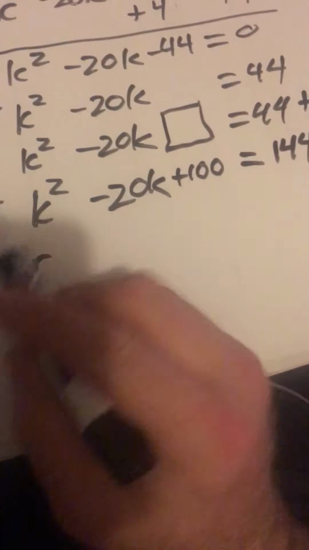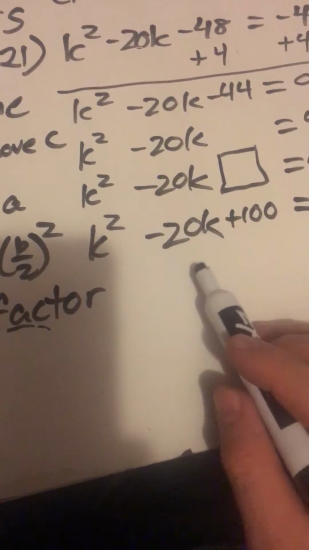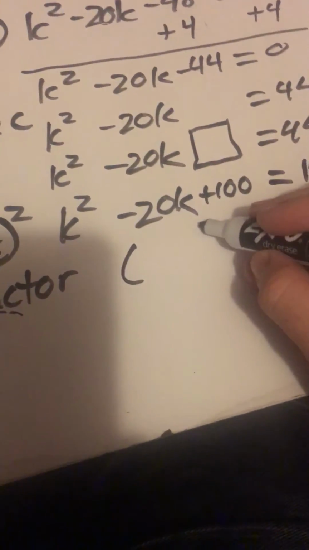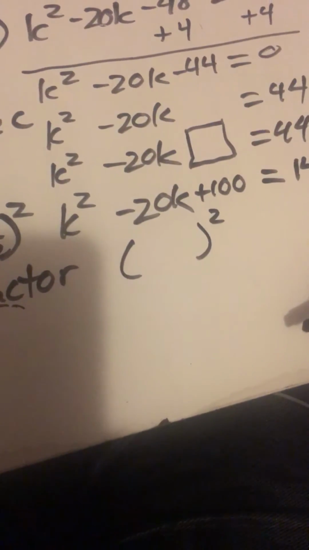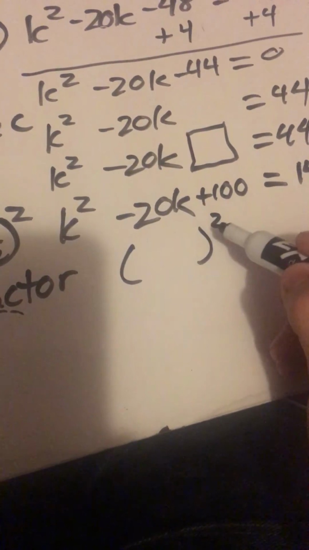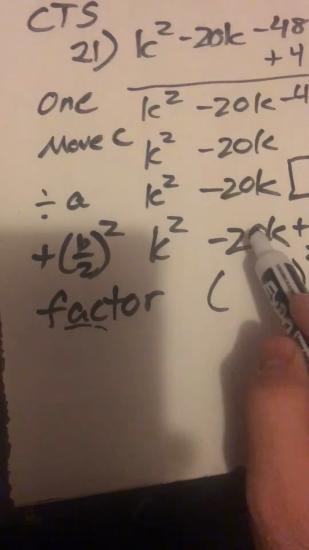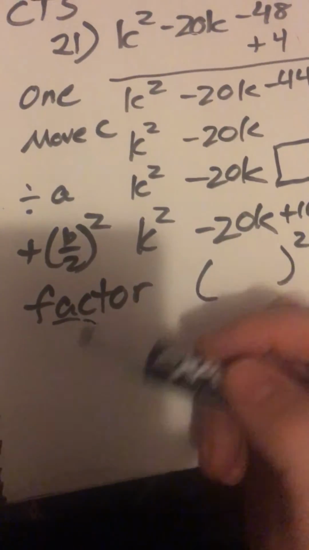Whatever was in this part right here is going to be the number in your factoring right there, because we're talking about completing the square. There's the square. What is it squared? Well, when I took negative 20, the b, divided by 2, I had negative 10.